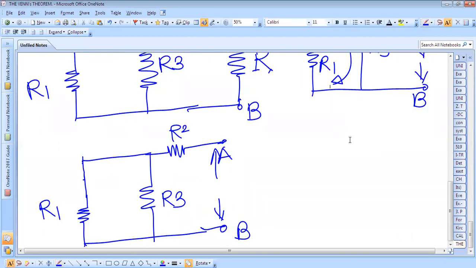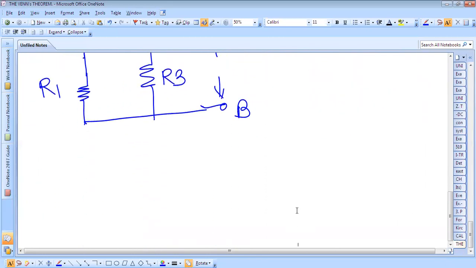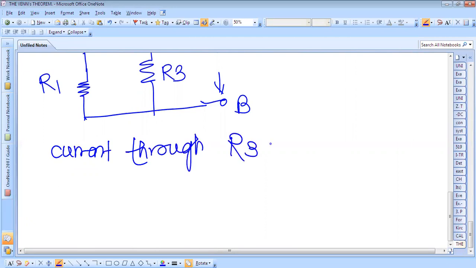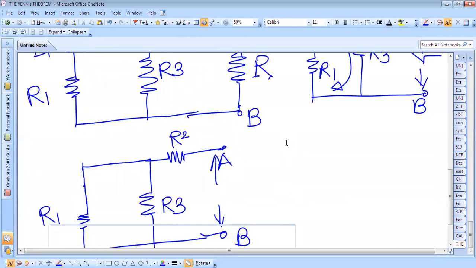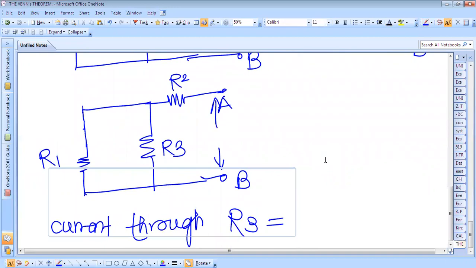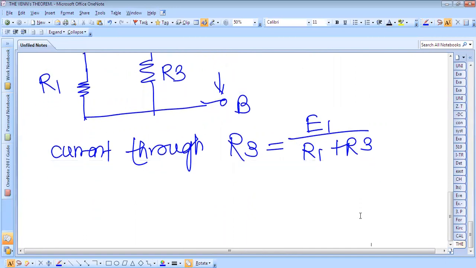Therefore, the current flowing through R3 is nothing but this voltage upon this resistance. So voltage is E1 and resistance is R1 plus R3. So this is the current flowing through R3.